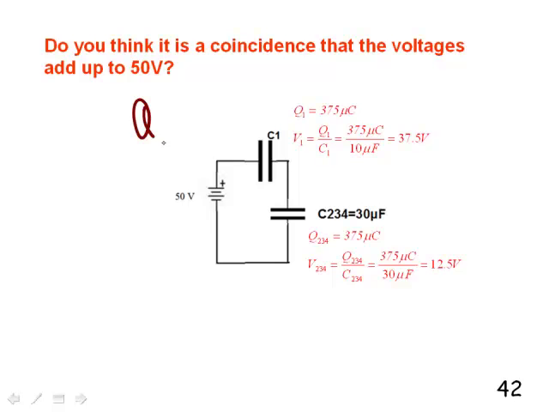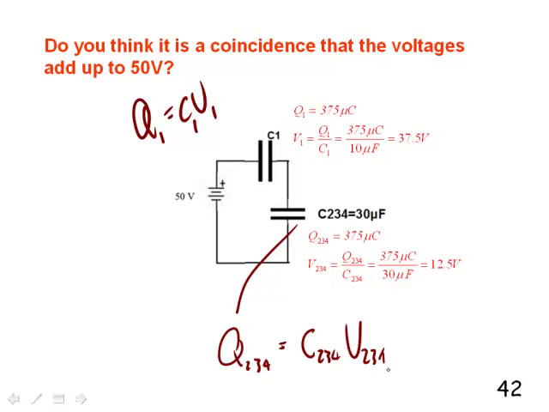So, Q equals CV, but I'm always going to use a subscript. So I'll say Q1 equals C1 V1, or down here I'll say Q234 equals C234 times V234. If you don't use the subscripts, you get mixed up. Okay, so then here's the equation solved for the voltage, and we knew that the charge was the same for each one of those because they're in series.